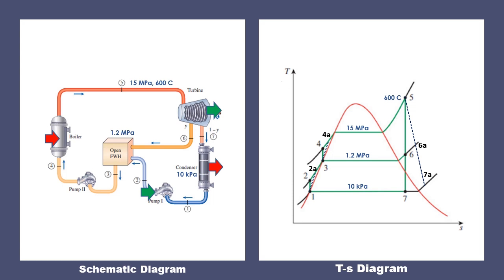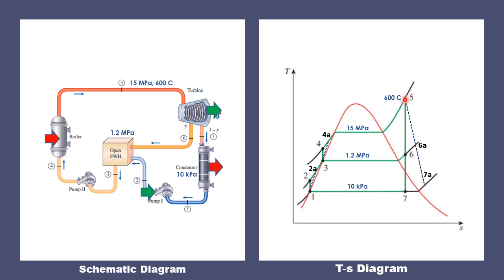We actually have the same schematic diagram, but for the TS diagram, we're going now to consider the isentropic efficiency of the pump and the turbine. For the turbine, we're just going to draw the deviation from the inlet of the turbine, which is point 5, all the way to the outlet, which is at the condenser inlet.